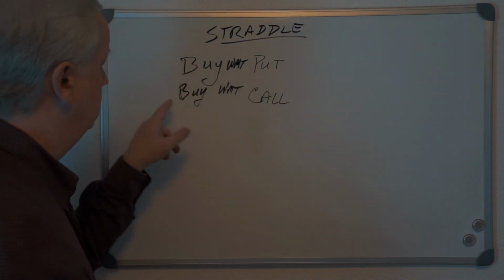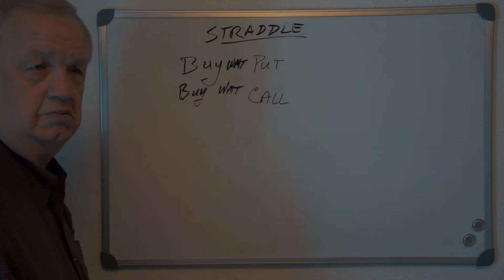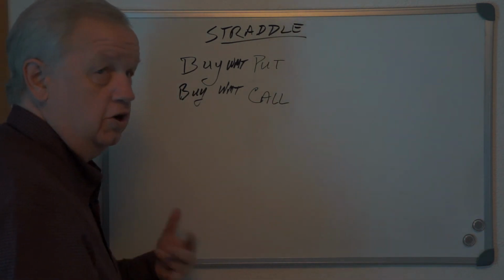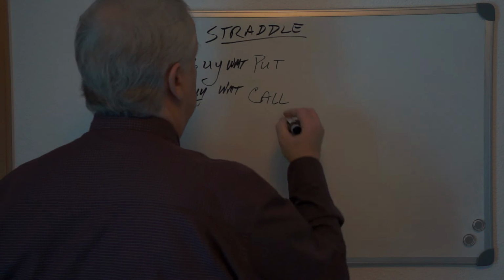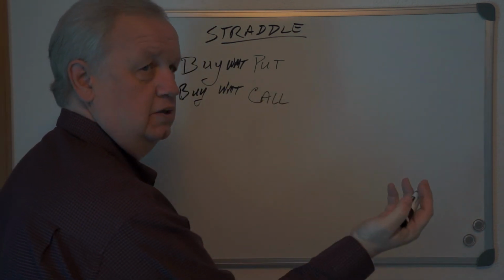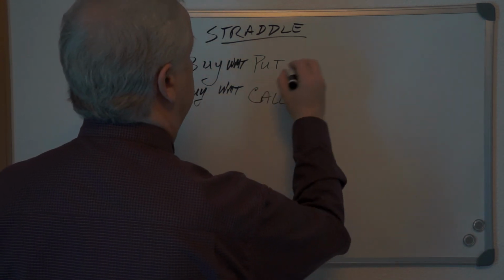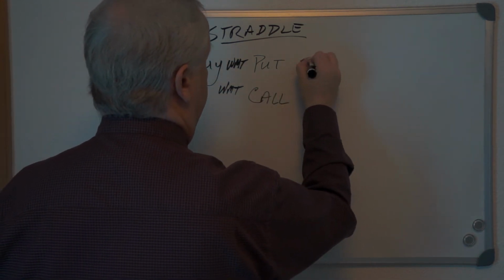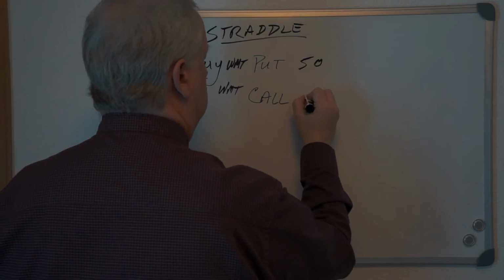Buy a Walmart put, buy a Walmart call. You don't know if it's going to go up or down, but you just know it's going to go somewhere. Now, you've got to pick a price. What's the exercise price that we're going to do? We're going to do 50 again. Make it easy. 50.